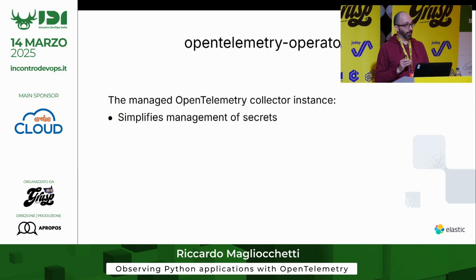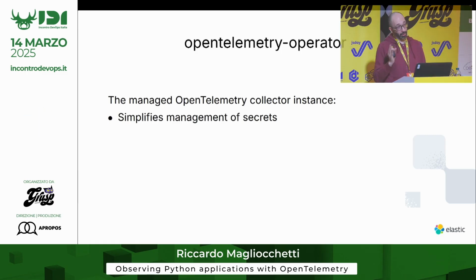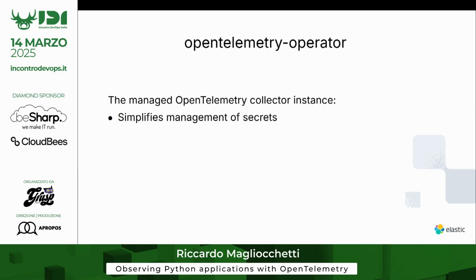This managed OpenTelemetry collector instance, while being optional, is advised because it lets you simplify a bunch of things by acting as a proxy between your Kubernetes cluster and the platform where we store your data. First, it simplifies the management of secrets, where only the collector will know the secrets necessary to access your observability platform. And then your application can just export inside the cluster to the local collector.